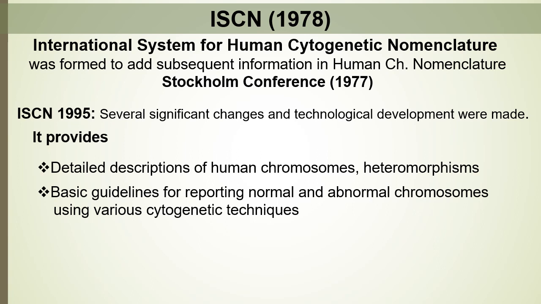The ISCN 1995 was the result of several significant changes and technological developments in both clinical and cancer cytogenetics. The ISCN 1995 document provides a detailed description of human chromosomes, heteromorphisms and basic guidelines for reporting normal as well as abnormal chromosomes using various cytogenetic techniques.